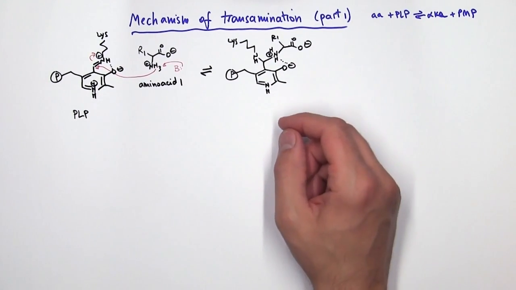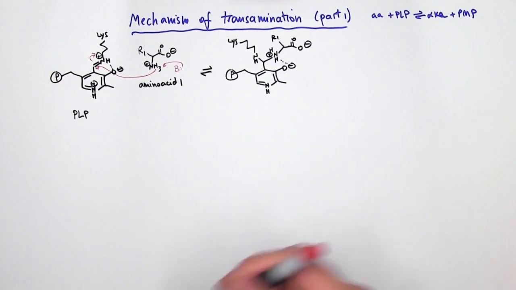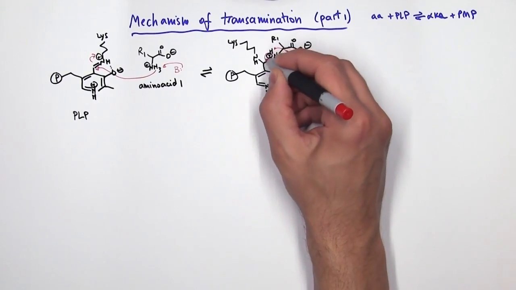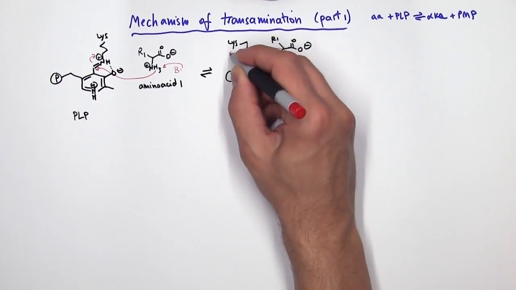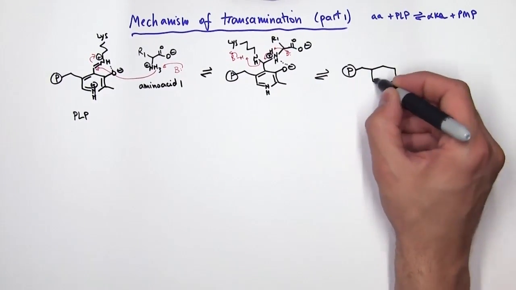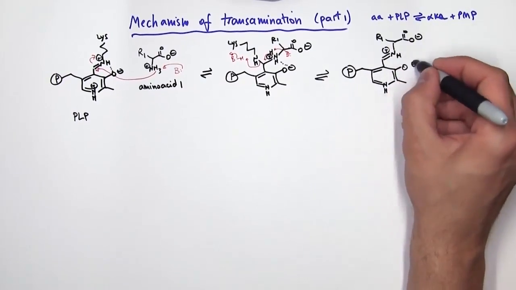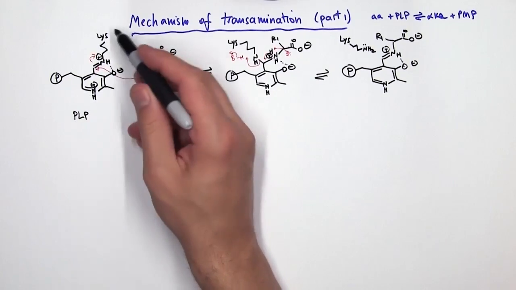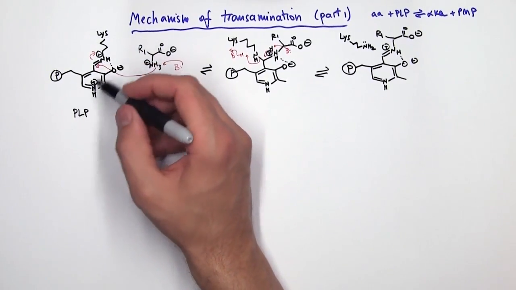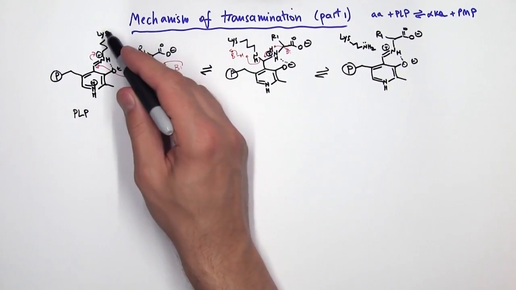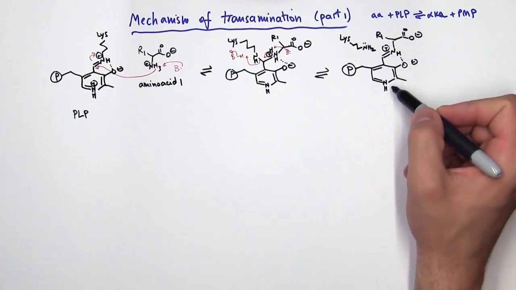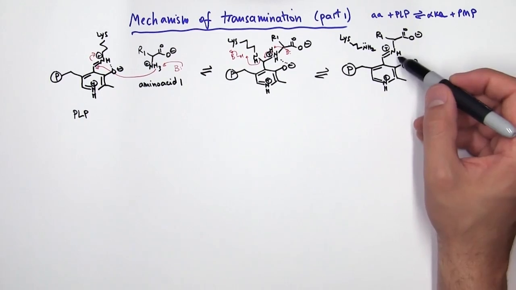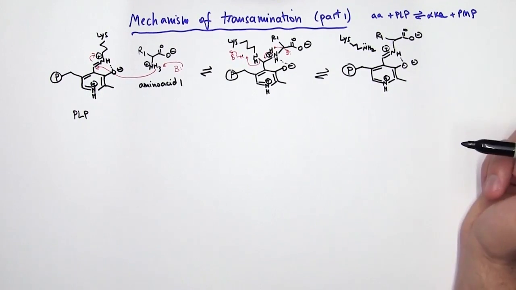And following an additional proton transfer, the lysine can be kicked off to form the new Schiff base. So far, we have started with the Schiff base corresponding to the PLP bound to the enzyme, and we have now obtained the cofactor forming a Schiff base with the incoming amino acid 1.